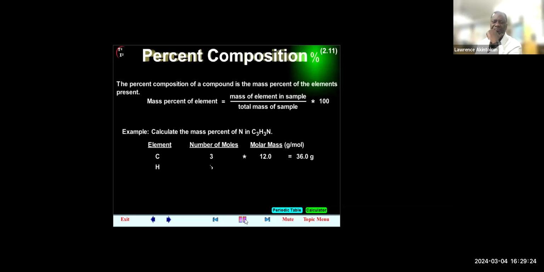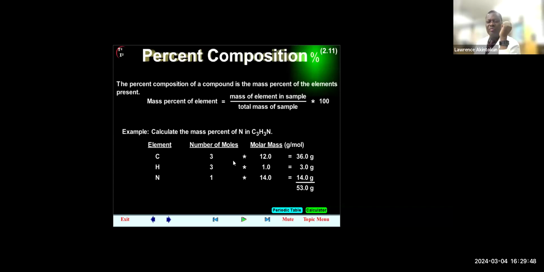Element H. Number of moles 3. Molar mass 1.0. 3.0 grams. Element N. Number of moles 1. Molar mass 14.0. 14.0 grams. Total equals 53.0 grams.